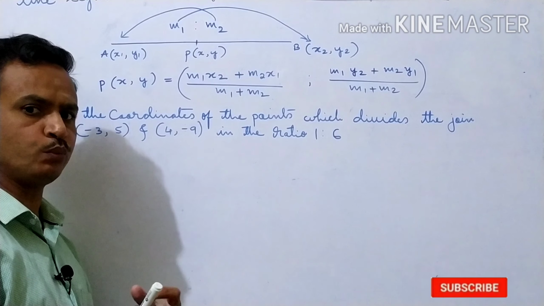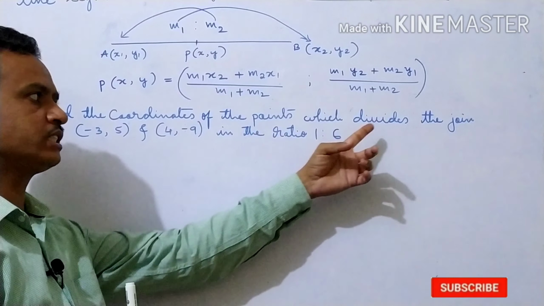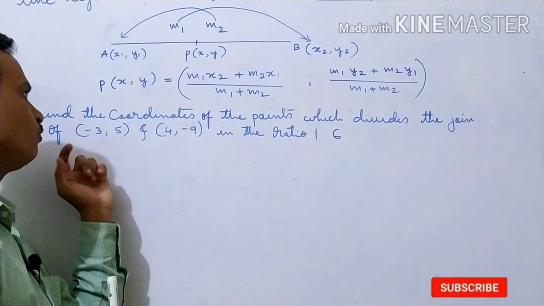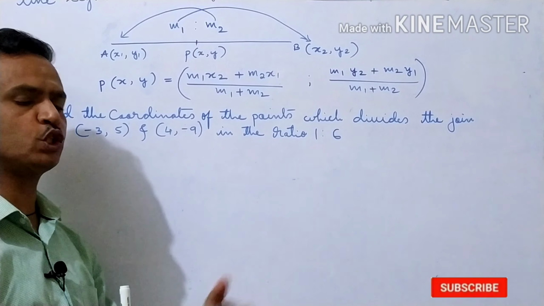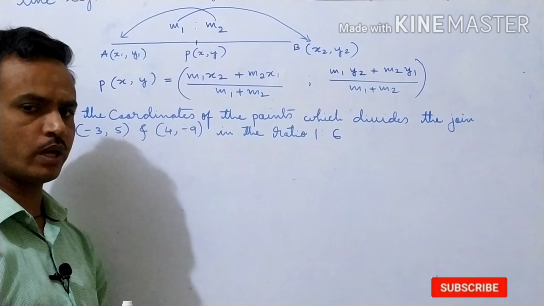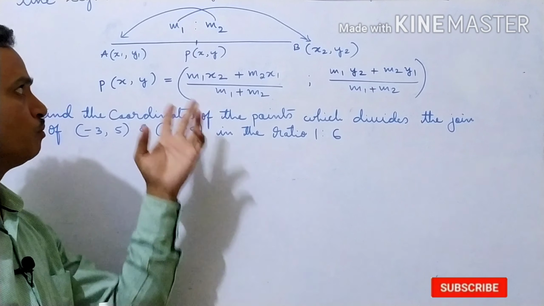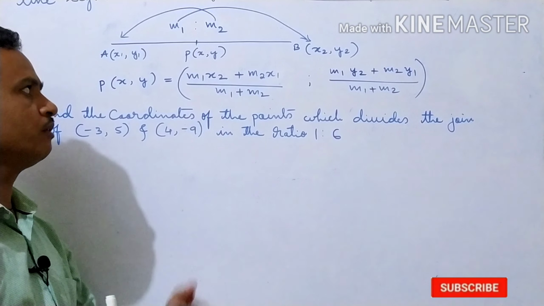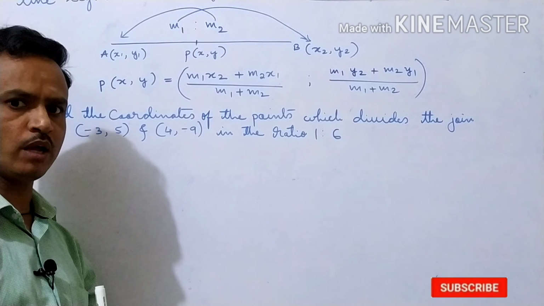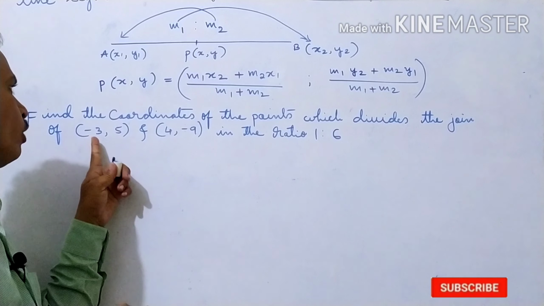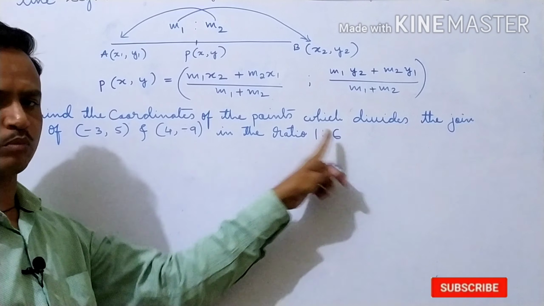Now question number 2. So what is given here? Find the coordinates of the point which divides the join of (-3, 5) and (4, -9) in the ratio 1:6. Okay. Now you have seen all this in the first problem, how to find the formula and all. Now we will go direct by putting in the formula. Take the first point as x1, y1 and this is x2, y2, and m1, m2.